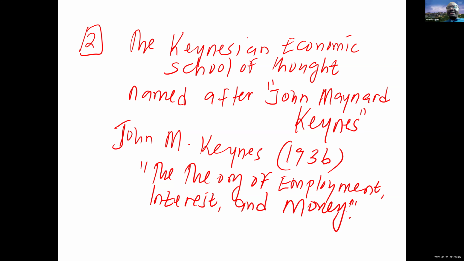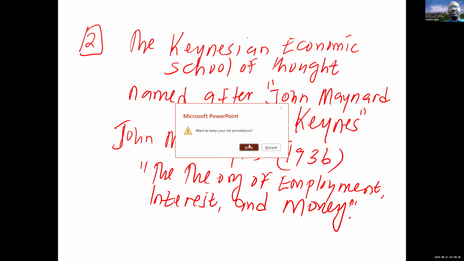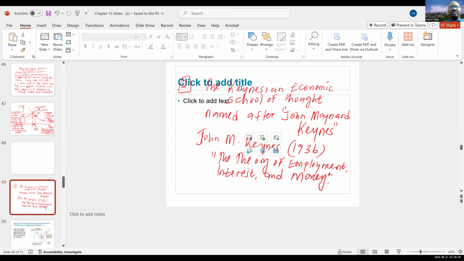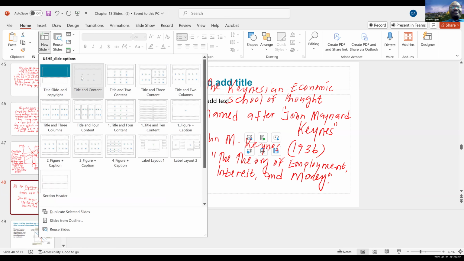Okay, so now, what does the Keynesian theory say? Let's talk about what the Keynesian theory is all about.